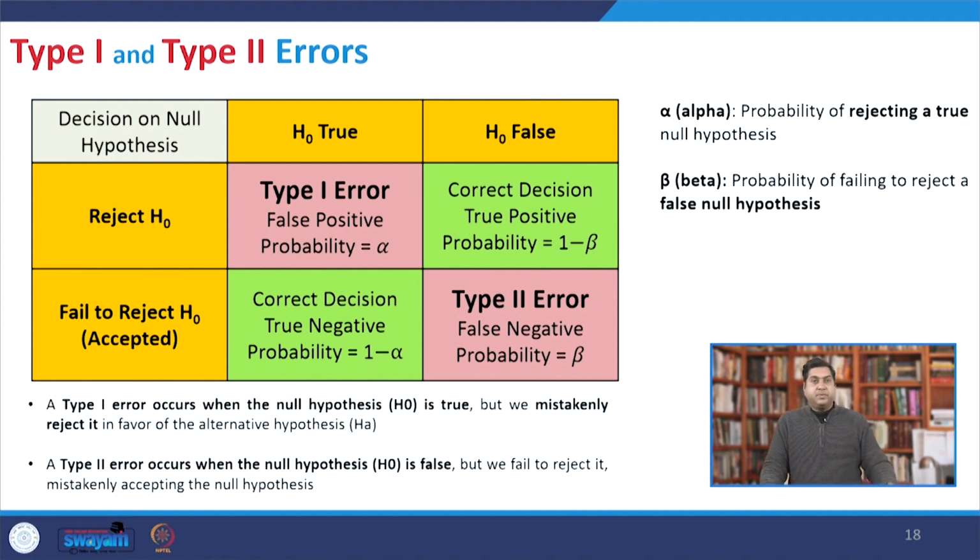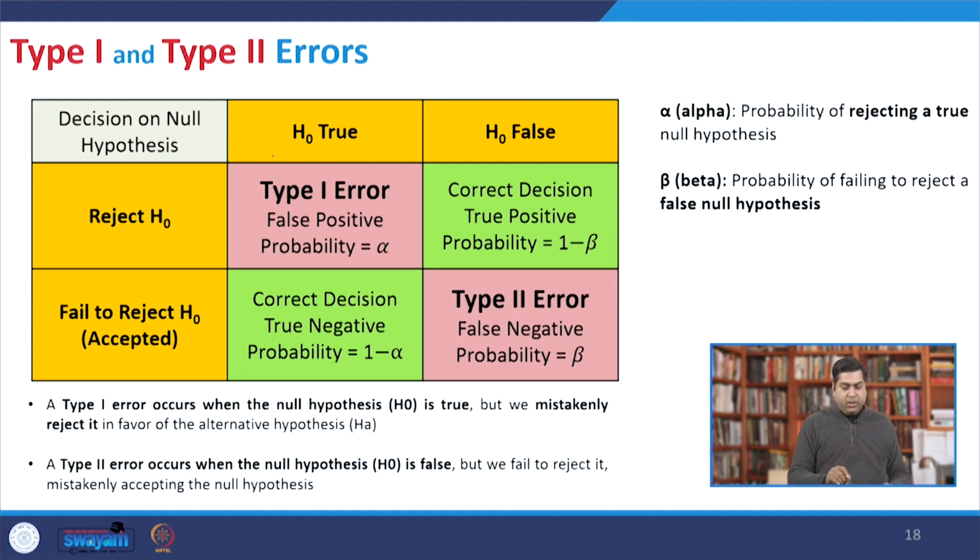Now, coming to this very important part: type 1 and type 2 errors in decision making on hypothesis. This is the table, let us understand it in a clear manner. I will try to explain it with an example as well.